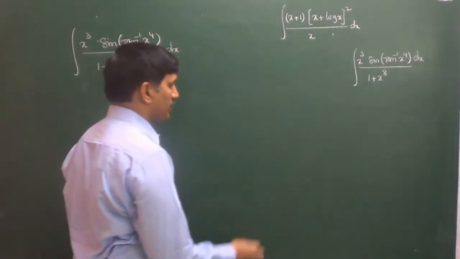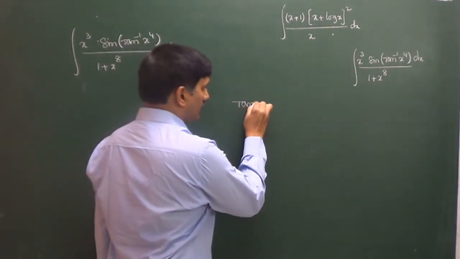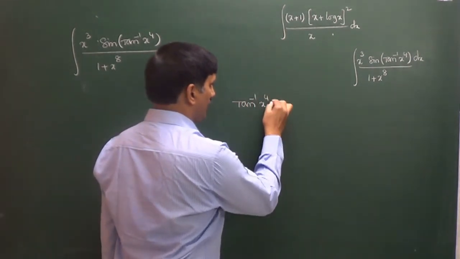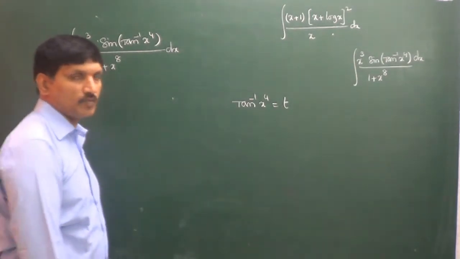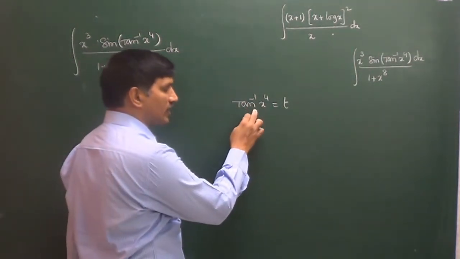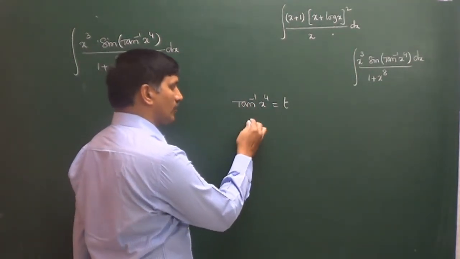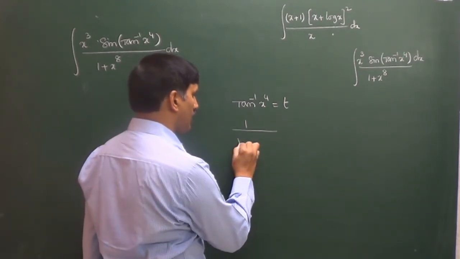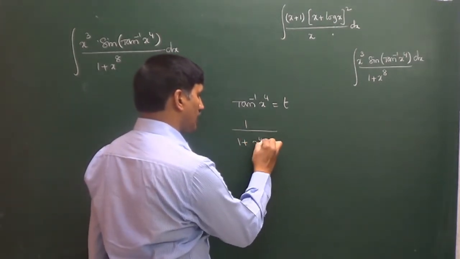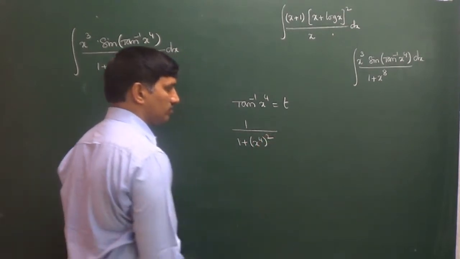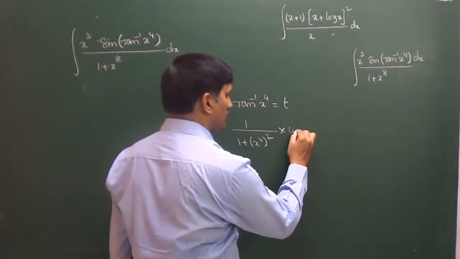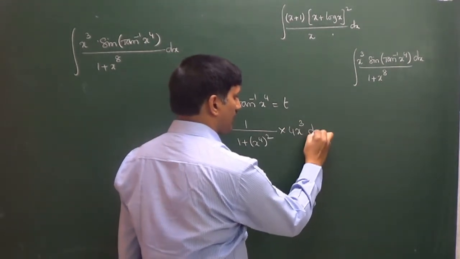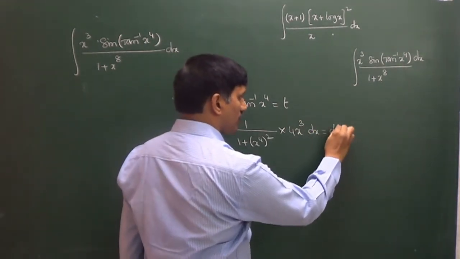That's why I am taking the substitution as tan inverse x power 4 equals t. Its differentiation: tan inverse x differentiation is 1 by 1 plus x power 4 whole square, into inner function differentiation 4x cube, dx equals dt.